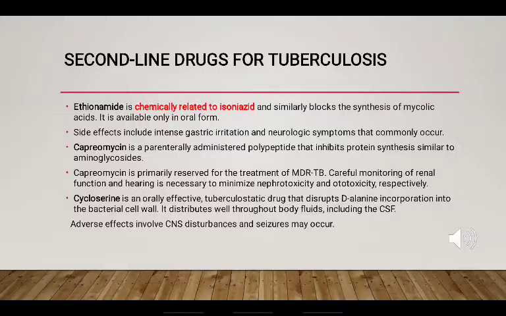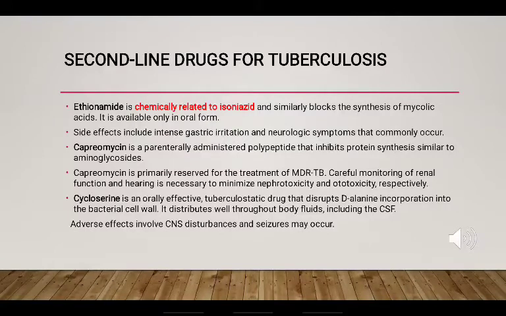While ethionamide is only available in the oral form, capreomycin is administered parenterally, and what it does basically, it inhibits protein synthesis, وبالتالي interferes with cell growth. So capreomycin is primarily reserved for the treatment of MDR-TB, which means multiple drug-resistant tuberculosis.